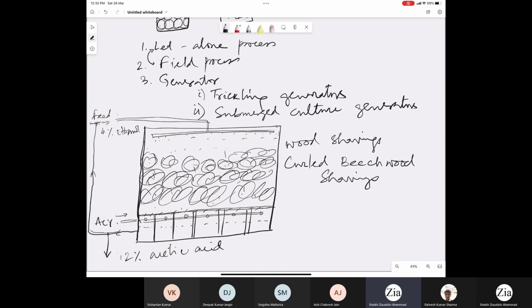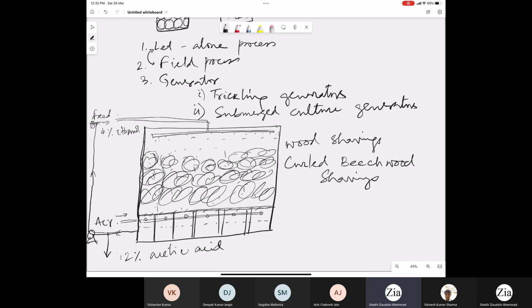When you recycle, you keep the fresh feed line closed, and using a pump, you are just recycling. So the liquid will trickle down the bed and air will go up. So they will have good interaction, and the Acetobacter oxydans will create the biofilm on the surface, and it will convert the ethanol to acetic acid in this trickling bed reactor.